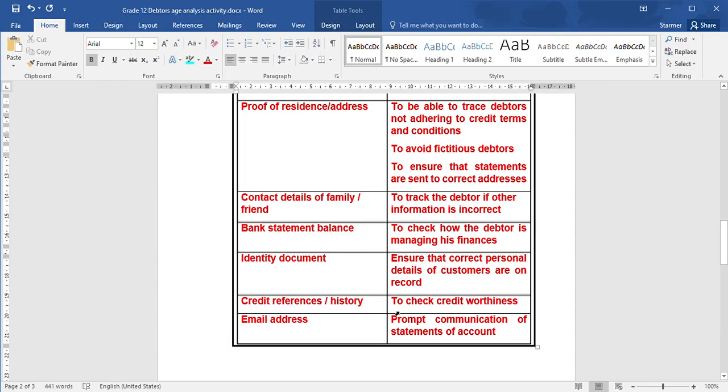In other words, you're checking how likely is the debtor to pay you back. What did he do with other businesses that sold on credit to him? And then more recently, obviously, email addresses. That's how you usually contact your debtors so that your communication can be prompt and sent to the right address.